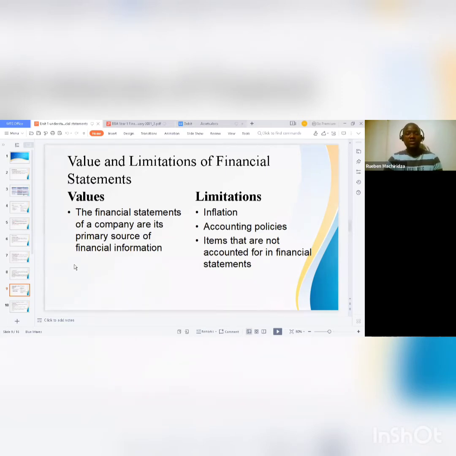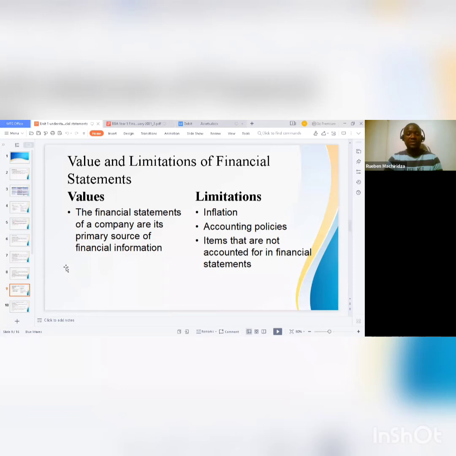So you want to look at the value and limitations of financial statements. We have been talking about the values when we talked about the uses. The financial statement serves as a source of financial information. Information is power.